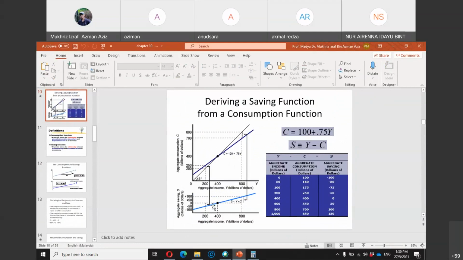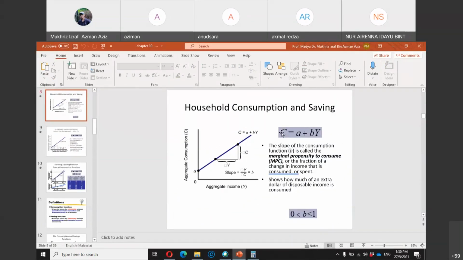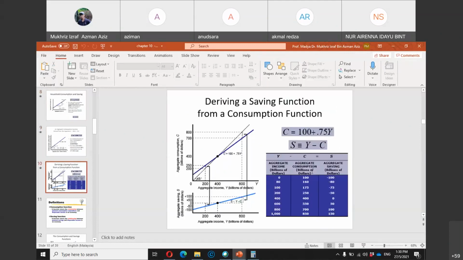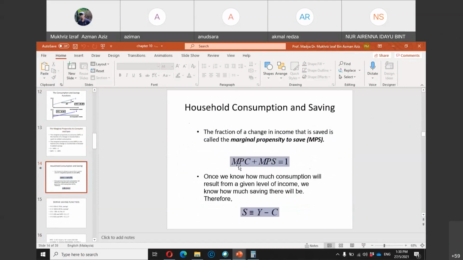We know the consumption function is C equals A plus BY, where A is the autonomous consumption and B is the MPC. And we also know that MPC plus MPS always equals 1, correct? So how do you calculate MPS? Once you know MPC, you should know MPS already, because MPS is basically 1 minus MPC.